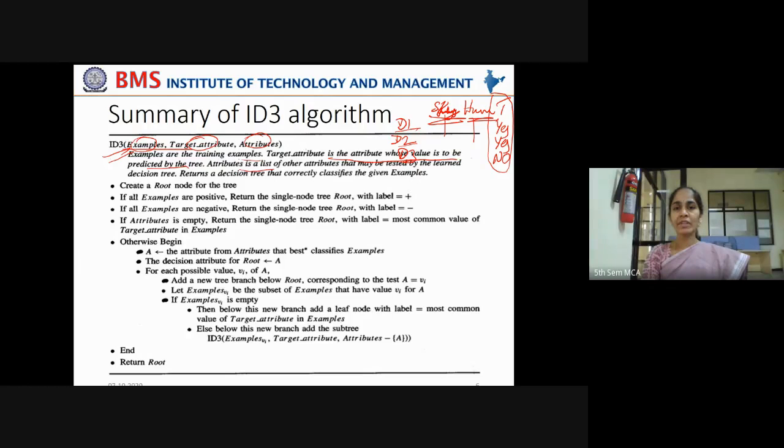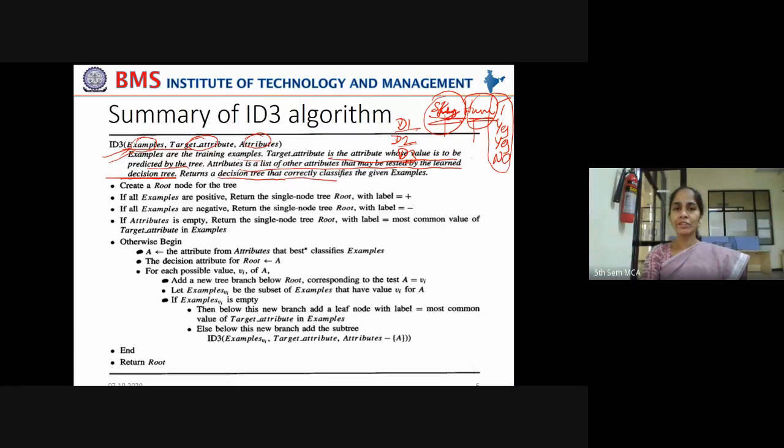Now, attributes is a list of other attributes that may be tested by the learned decision tree. Learned decision tree means a decision tree has been constructed from the training examples. Now, if a new data point is given, it will test all those attribute values and predict the final outcome. What is the output of this algorithm?